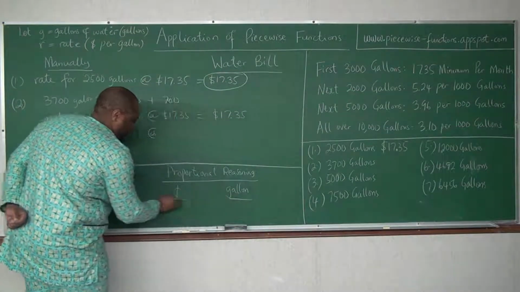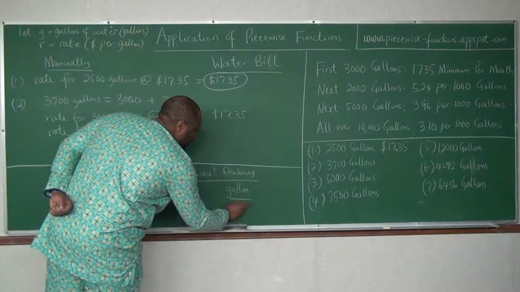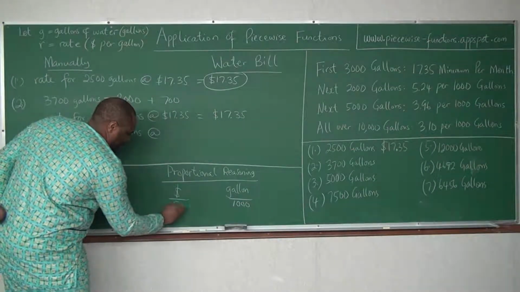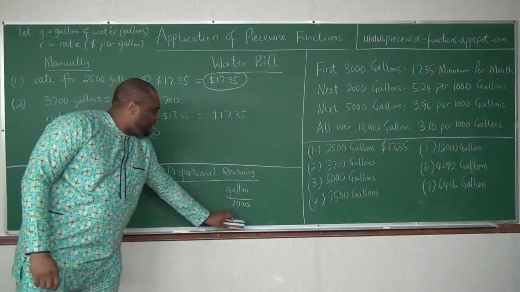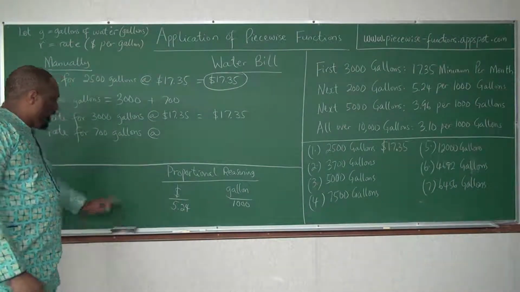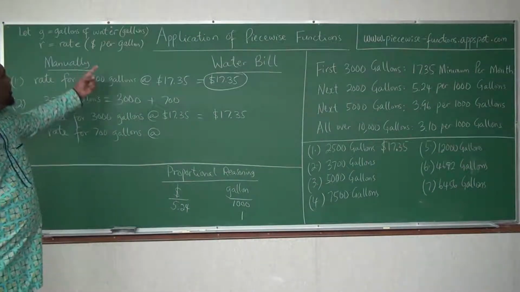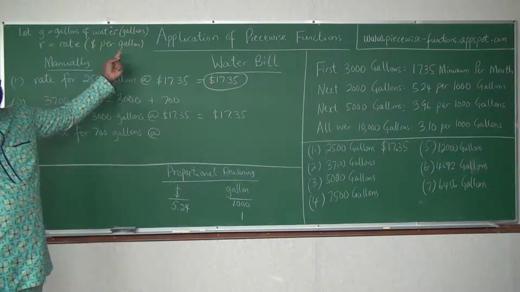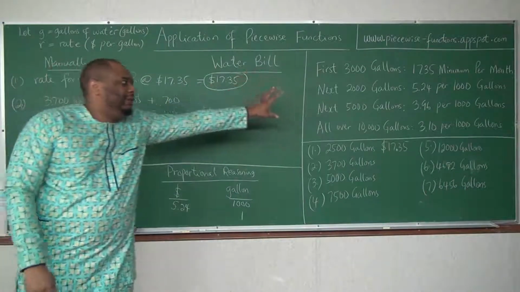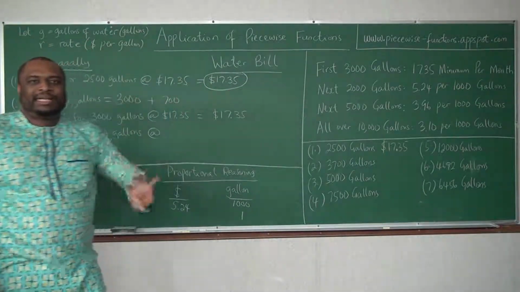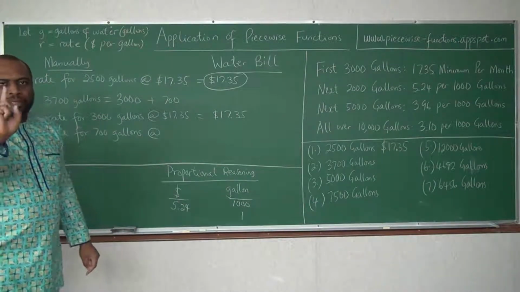You have dollar and you have gallon. So for 1,000 gallons, it is $5.24. For 1 gallon, because we want dollar per gallon, not per 1,000 gallons. This is the information on the website, but in this calculation, we want per 1 gallon.